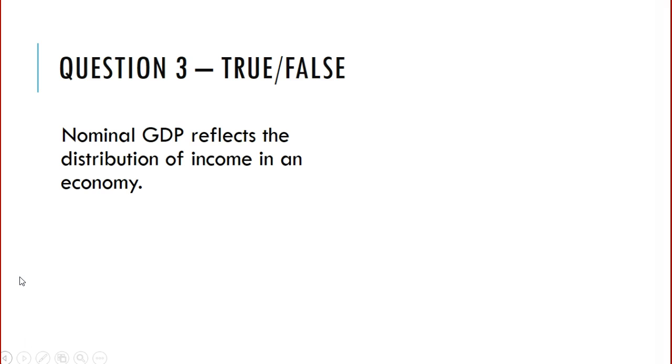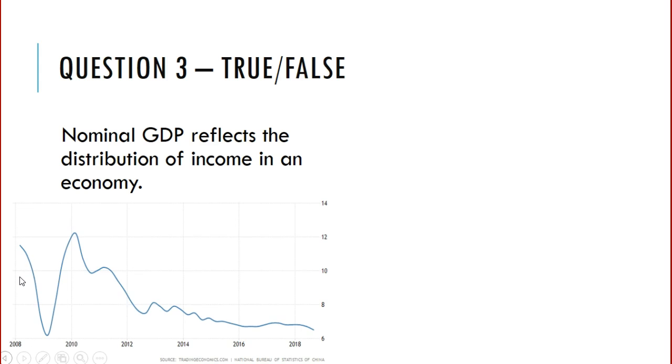Next true-false. Nominal GDP reflects the distribution of income in an economy. No, it doesn't. Nominal GDP, and real GDP for that matter, are aggregates. So we're aggregating all of the legal production which occurs within the economy in a given period of time. We're not seeing how it's distributed. So let's take the example of the economic growth rate of China.